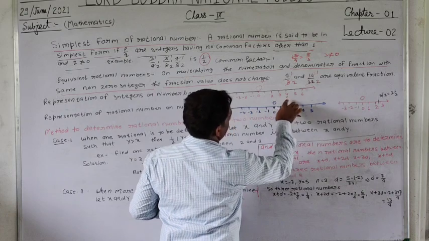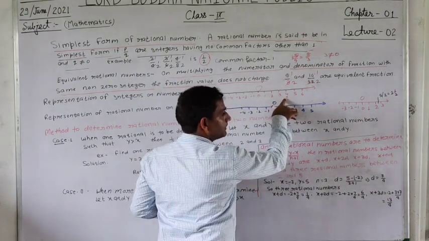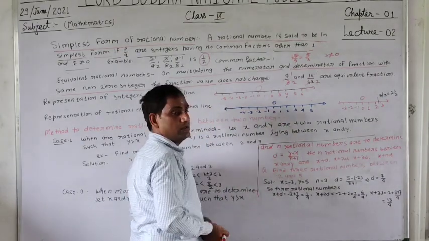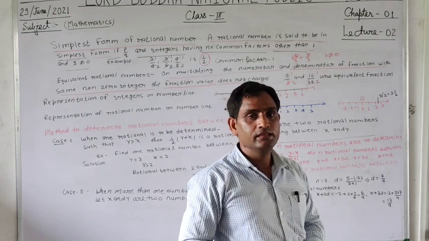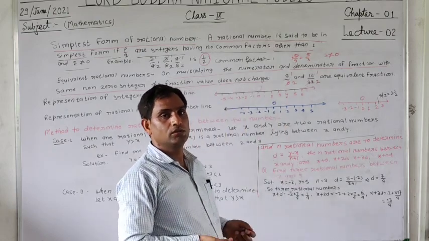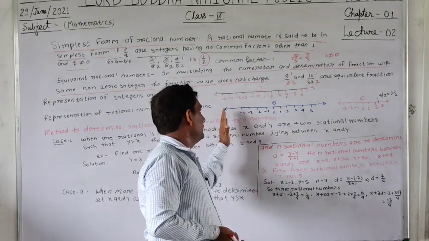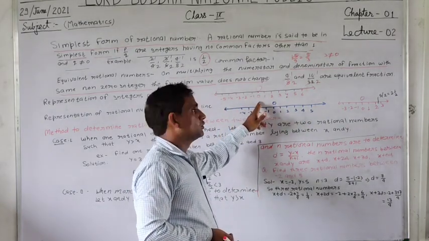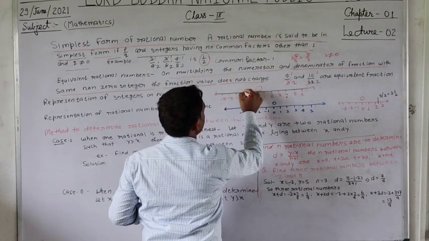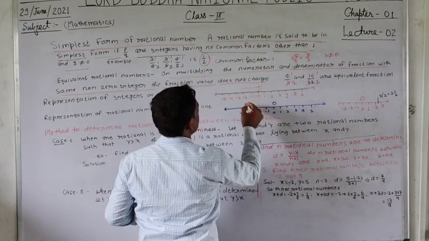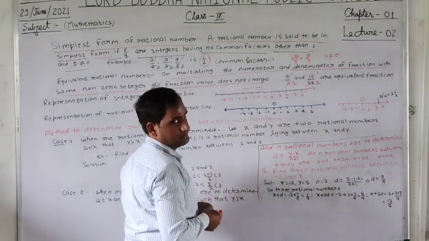This shows the integer 4 on the number line. If anyone says to represent the integer -2 on the number line, then we count 2 unit lengths to the left side of 0. First -1, then -2. Now, this length shows the negative integer -2 on the number line.